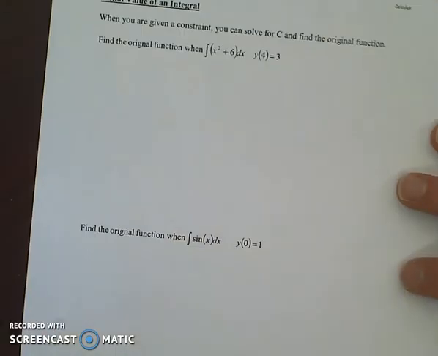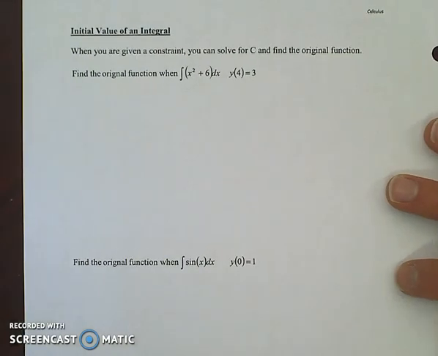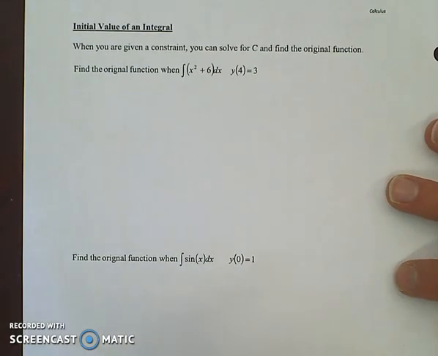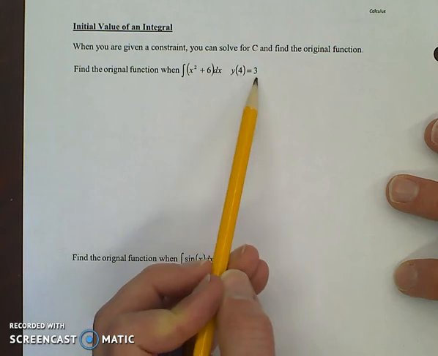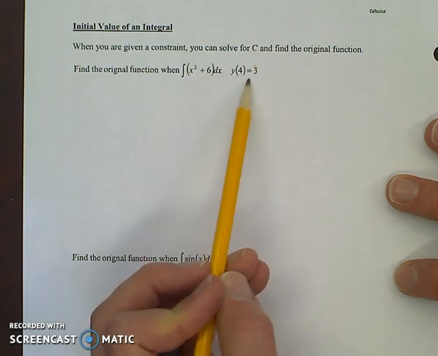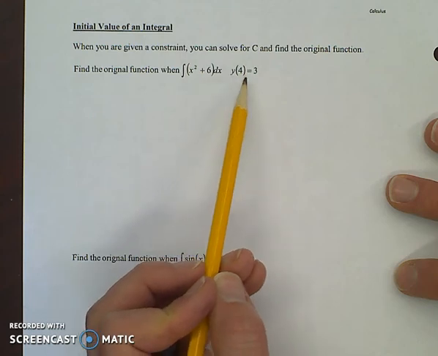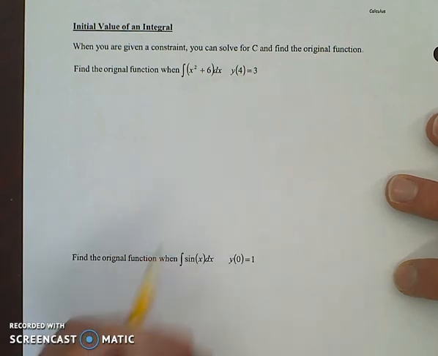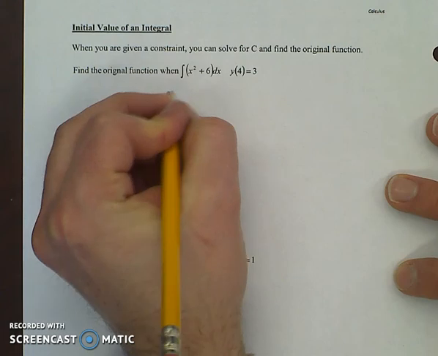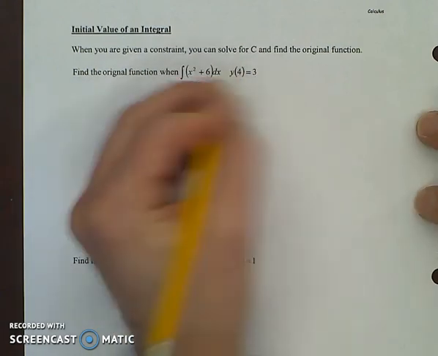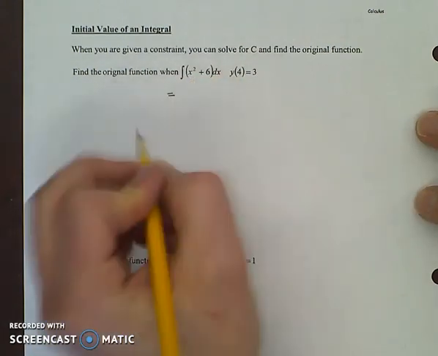The very last bit is if you are given a constraint to find the original function. So we always write plus c, but now we're going to give a constraint or an actual value of the original function to find what the constant is. So we're going to not worry about the 4, 3 yet, and we're going to take the integral of this.